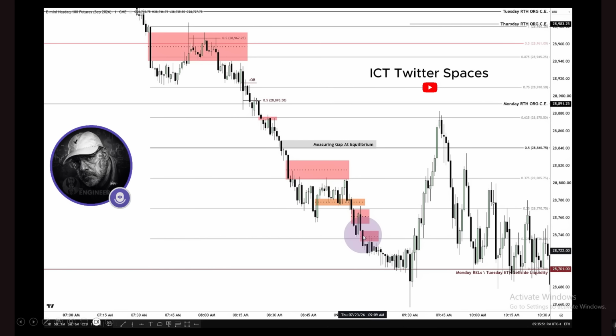London tends to have its little trend that it runs, and then it leaves something. It usually leaves a low or relative equal low, or a high or relative equal high. They leave those in place for the New York session to run.